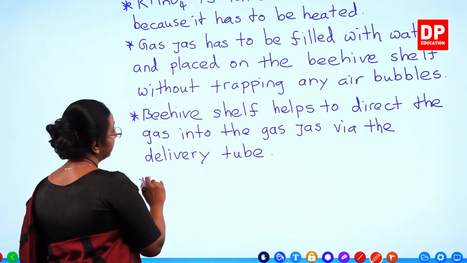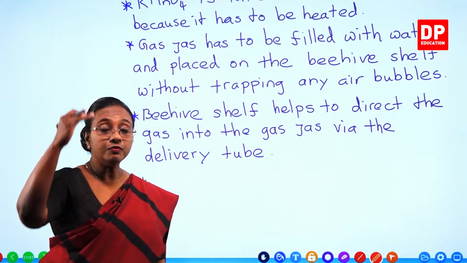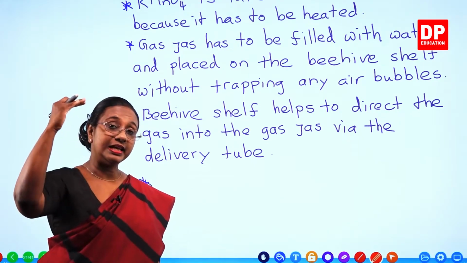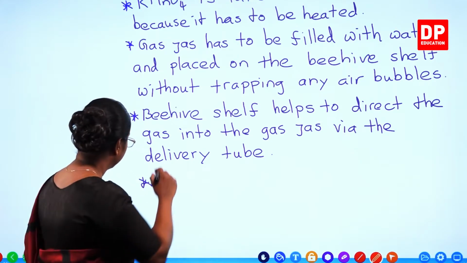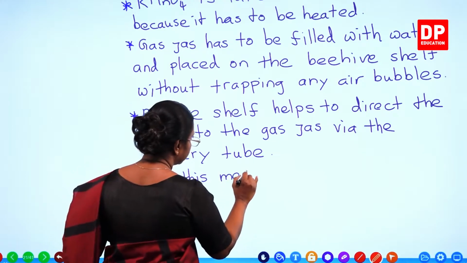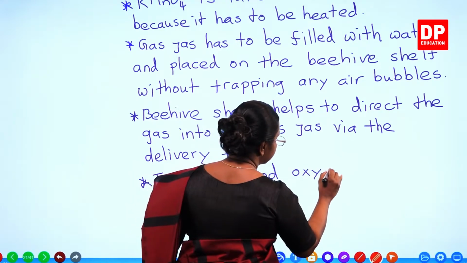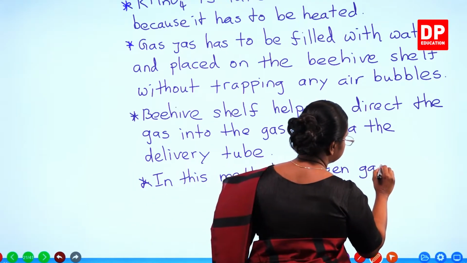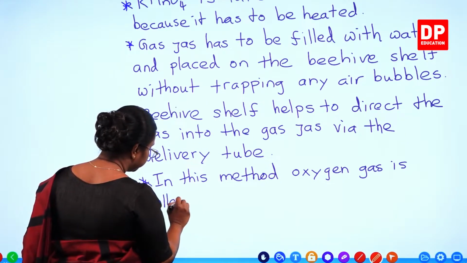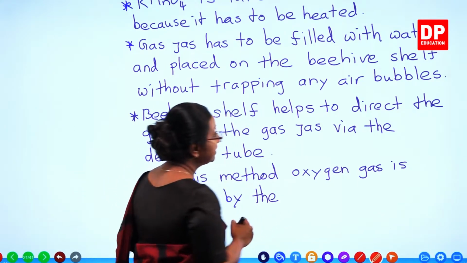So another thing, again we will be collecting the gas. There you will see the water level going down and the gas bubbles going up and collecting above the surface of water. So in this method, oxygen gas is collected by, what is the name given?